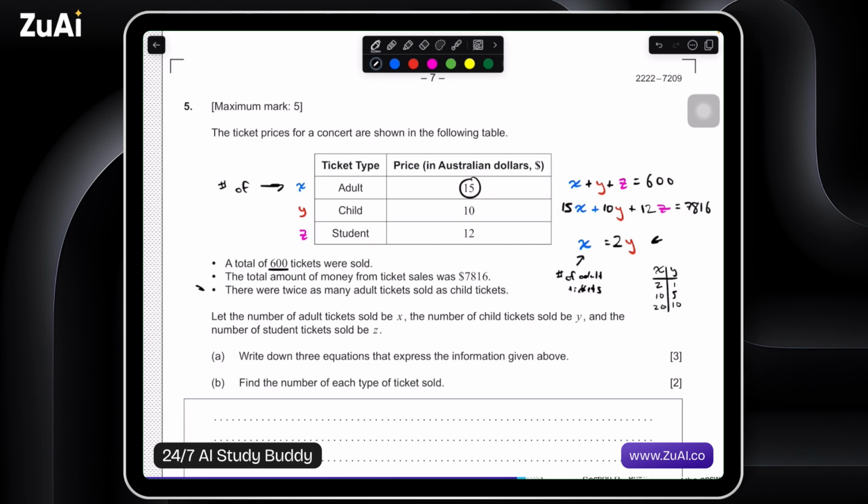So this equation seems to work. For every single child ticket sold, we have twice as many adult tickets. That's an equation which relates the number of adult and child tickets.